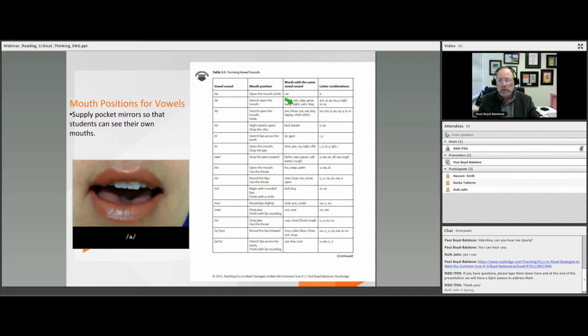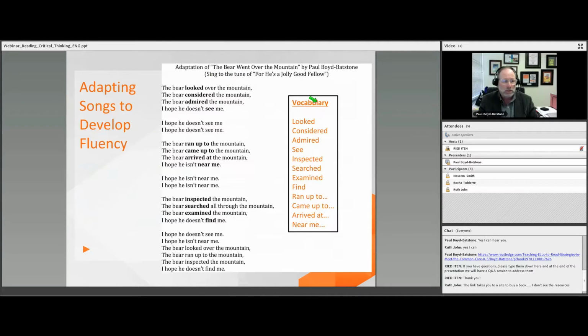These are related words, and these are varieties of ways that the letter combinations represent that sound. Again, this is a chart that you can use as a resource as you're teaching through those sounds.